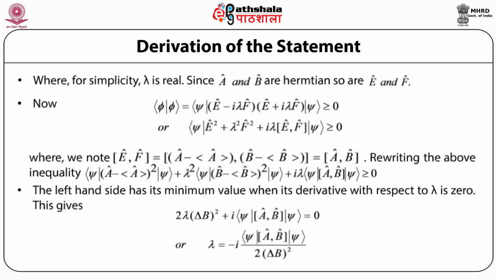Now since the operators A and B are Hermitian operators, so are the operators E and F. Therefore we can write that the scalar product of the state psi with itself, that is bra vector state psi ket vector state psi, is equal to bra vector state psi then bracket open operator E minus iota times lambda times operator F bracket close whole times bracket open operator E plus iota times lambda times operator F bracket close acting on the state psi.